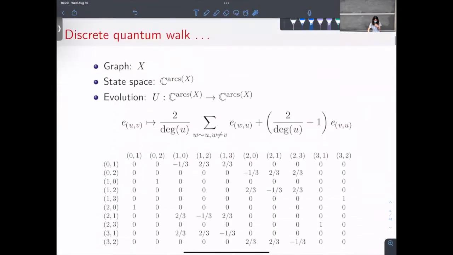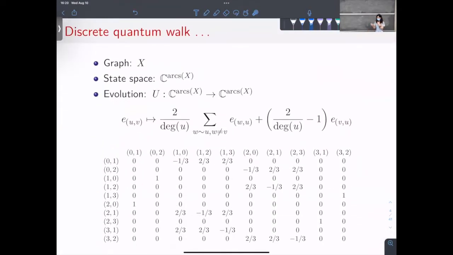Now, that matrix defines a discrete time quantum walk on our graph. So here's the setup. You have a graph. Okay, and you replace every edge by opposite arcs and look at the state space, which is the functions sending the arcs of the graph to complex numbers. And how does the quantum walk evolve? Well, it's determined by the unitary matrix we described before.